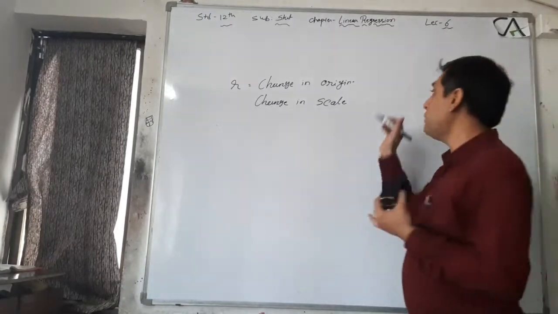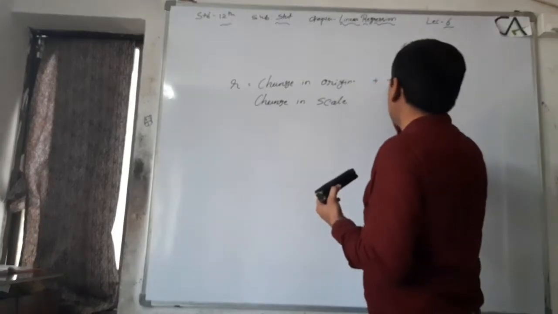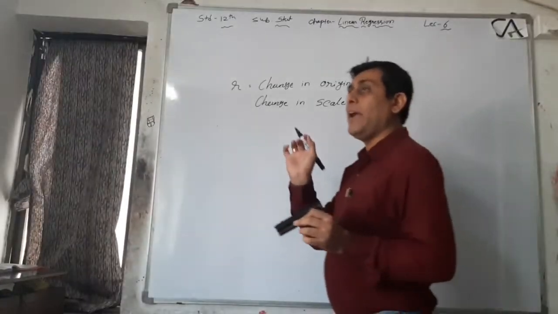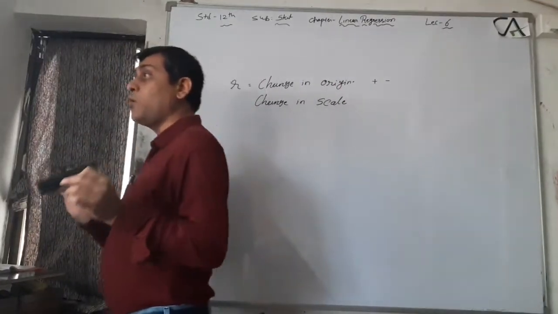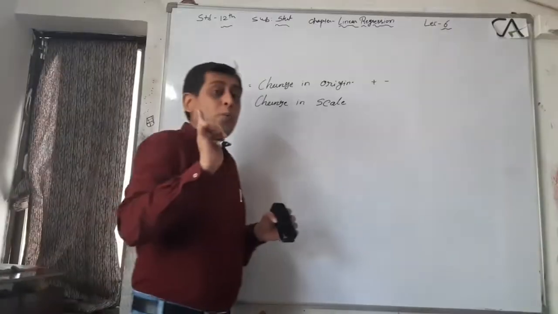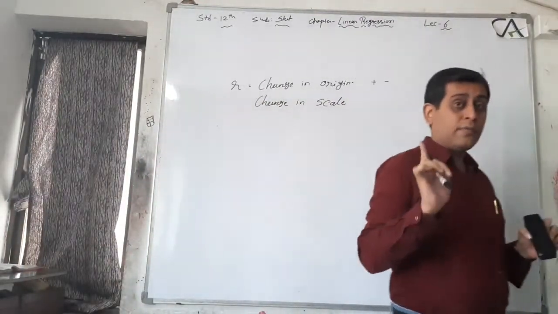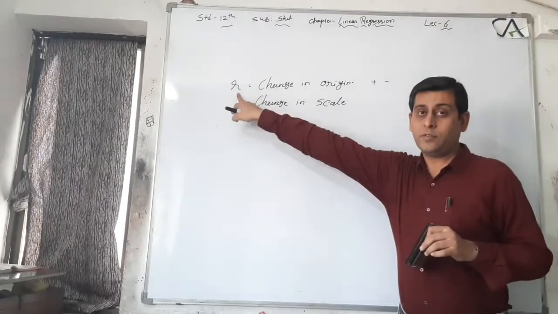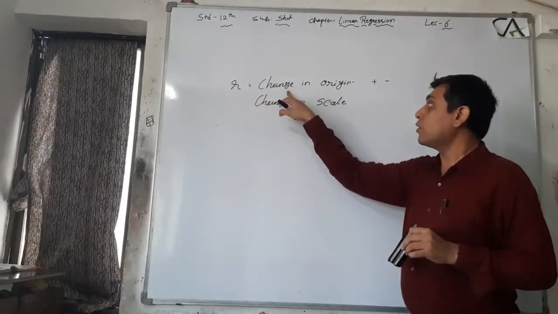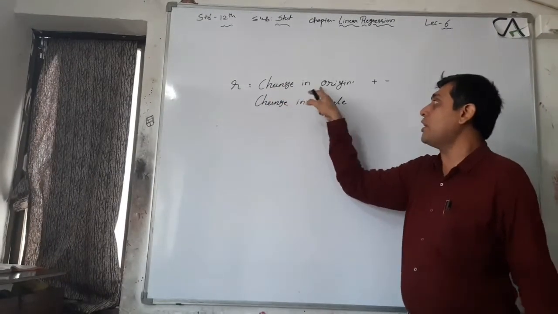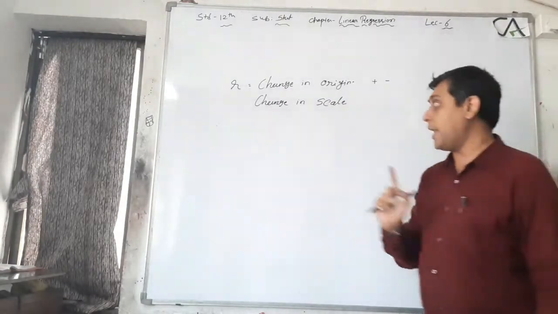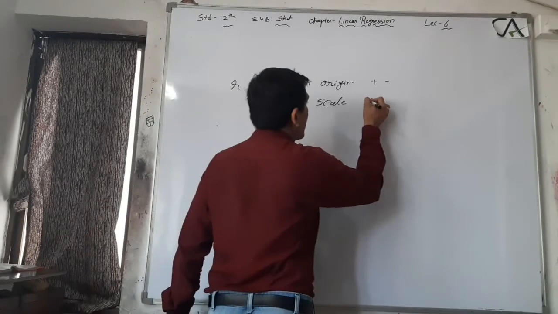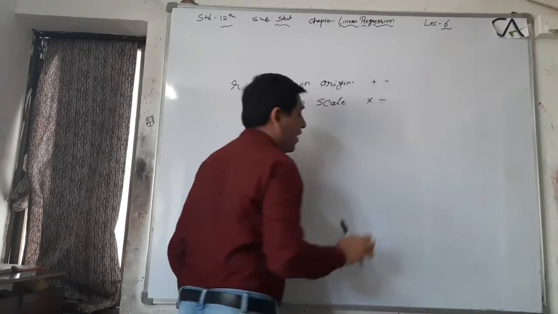Change in origin means plus or minus. If you are adding or subtracting some common amount from all the observations, then your answer of R will not change. That means it is independent of change in origin as well as change in scale, that is multiply and divide.